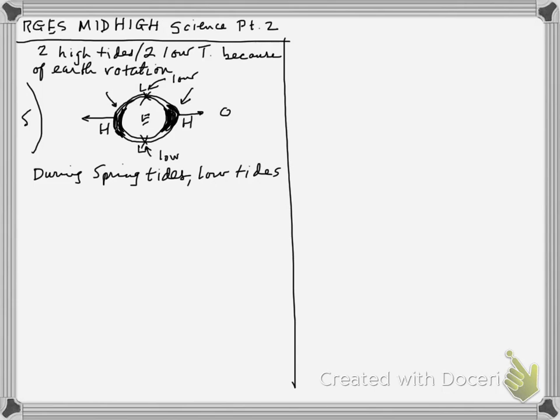So those low tides are lower, and the high tides are higher than during neap tides.